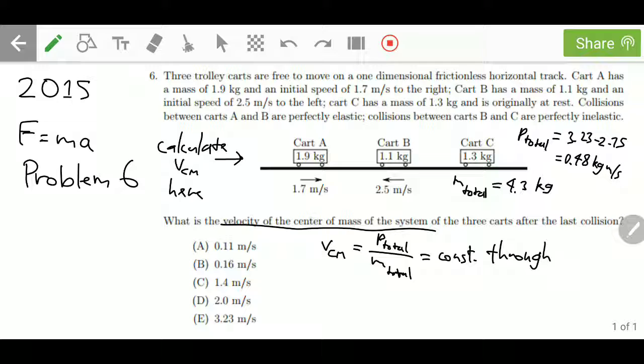And so the velocity of the center of mass is just 0.48 kilogram meters per second divided by 4.3 kilograms.